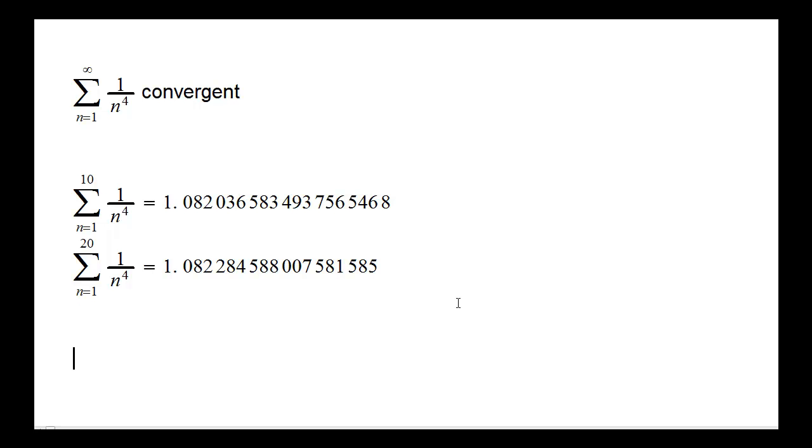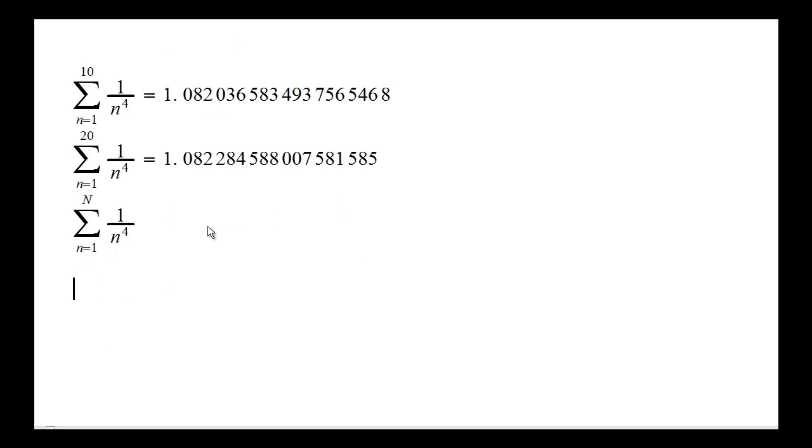So we have to answer the question: how many terms should we add in order to obtain a desired level of accuracy? If I added only capital N terms, and as in the previous video, capital N is 20 here and 10 there, then the leftover is the sum from capital N plus 1 to infinity.